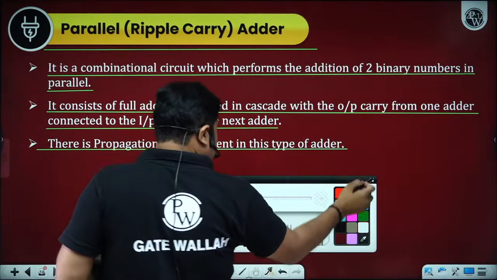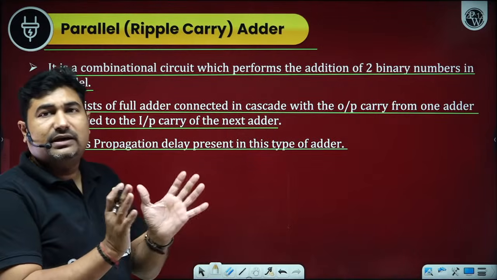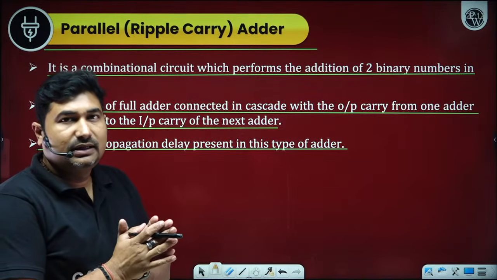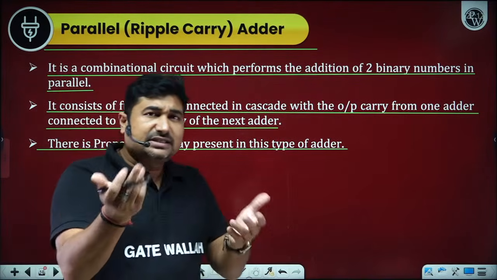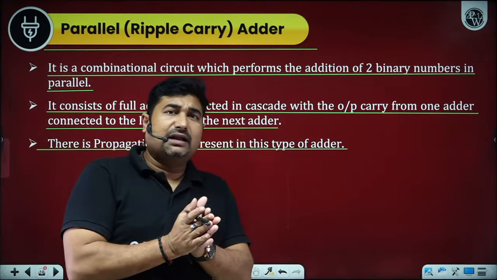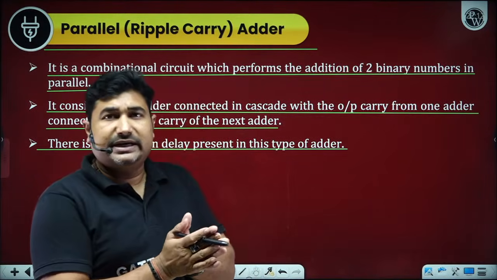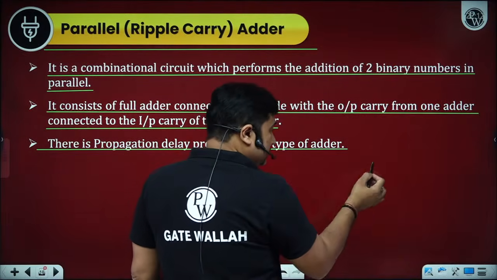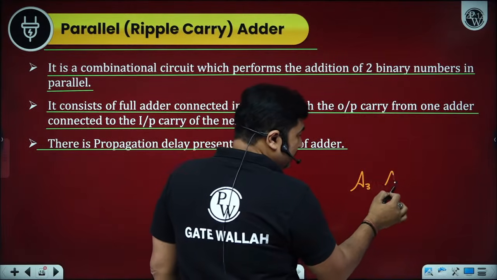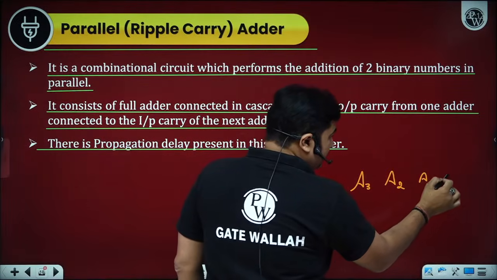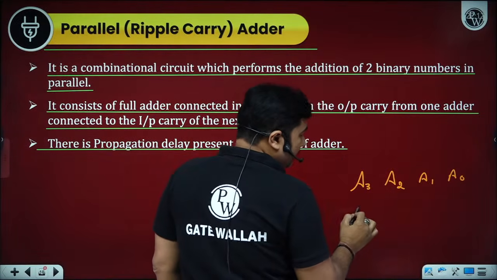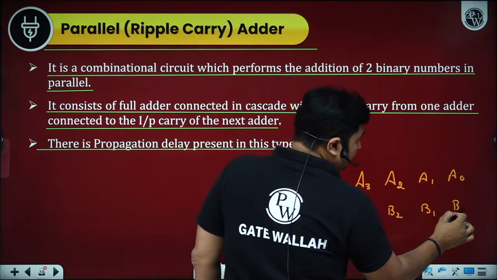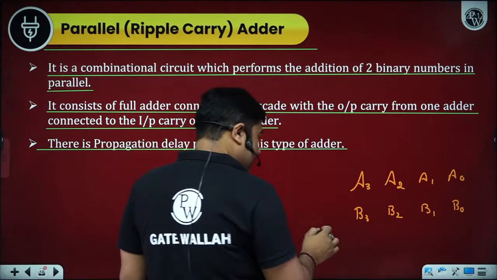Let's try to understand with a basic 4-bit ripple carry adder. If I ask you to design an adder for n-bit addition, how would you design it? Suppose A3, A2, A1, A0 is one number, and B3, B2, B1, B0 is another binary number.